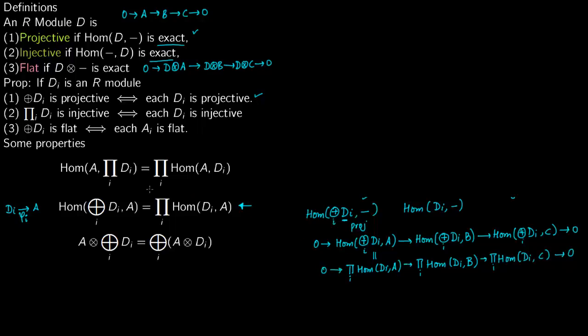So we are using this equality right here, and this holds if, for all i, this holds. So for all i, you have to show that each of these sequences is exact.